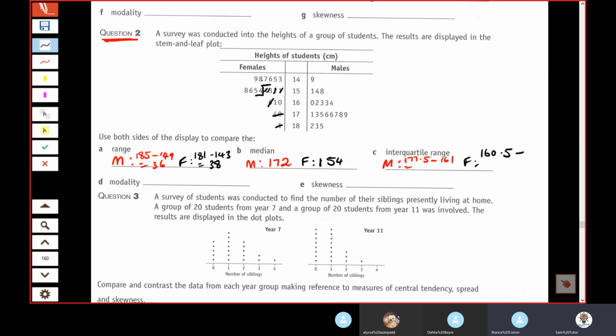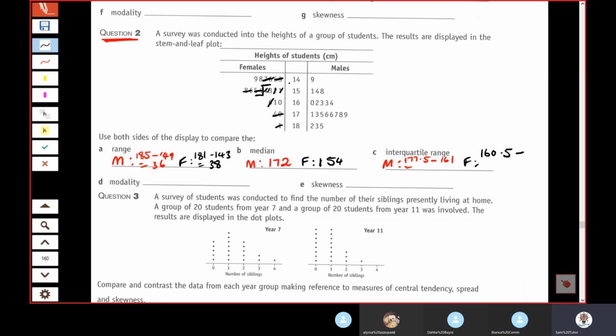Minus. Highest number here would be 158. Lowest number here would be 143 and 145. Next highest two would be these two. Next lowest two would be these two.